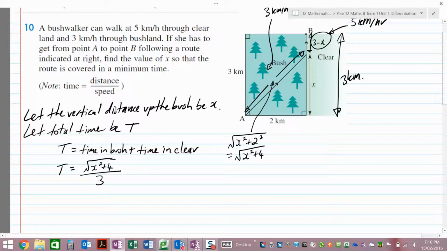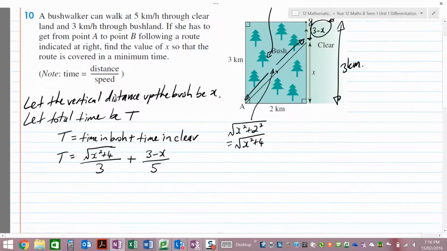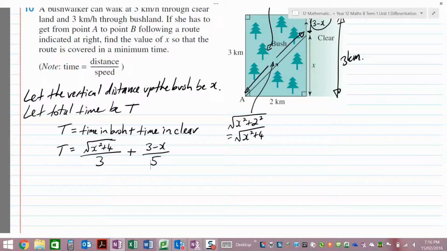Okay, so that total distance in the bush will take her square root of x squared plus 4 divided by 3. Okay, then I can look at the time in the clearing. The distance that she travels in the clearing is 3 minus x, and she travels that at a speed of 5 kilometers per hour. Okay, from here you'll be able to differentiate t, so you'll be able to find dt dx.